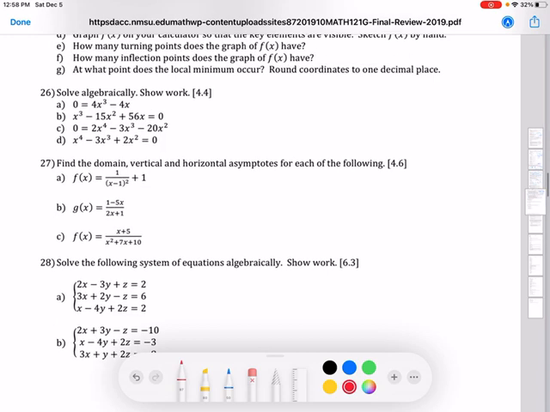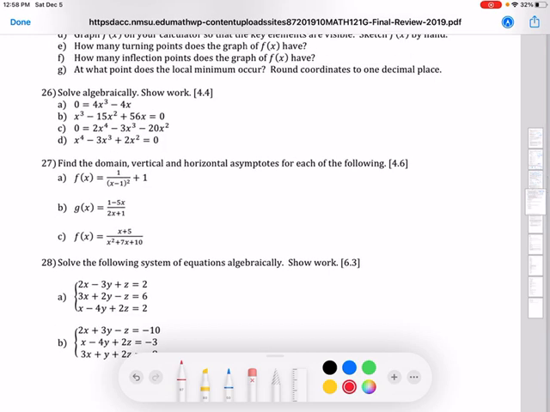Okay, 26. All of these are about factoring. So it shouldn't be too bad. We can try maybe one of these. Let's try C, I guess. We can factor an x squared.